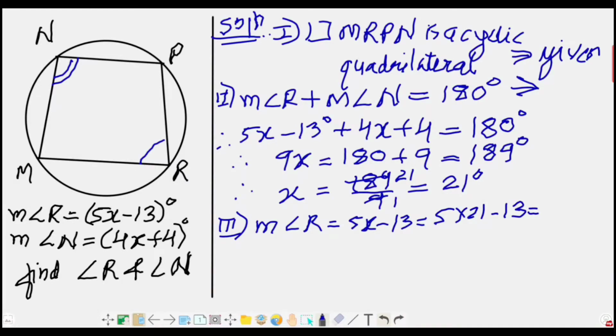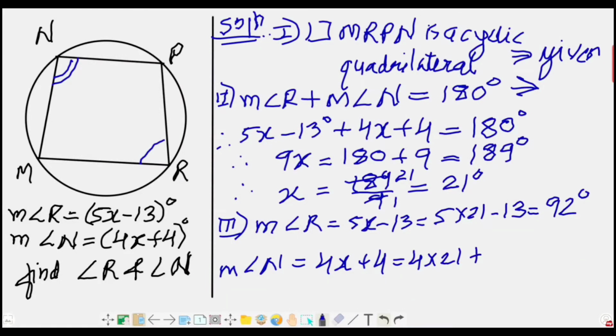From 105, when you subtract 13, your angle will be 92 degrees. In the same way, your measure of angle N is 4x plus 4. Now your x is 21, so 4 into 21 plus 4. 21 fours are 84, and 84 plus 4 is 88. So your next angle is 88 degrees.